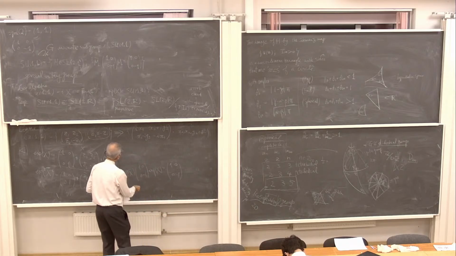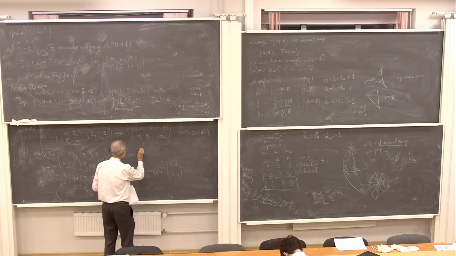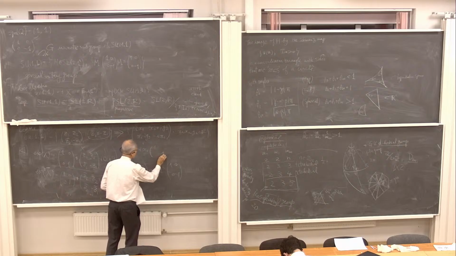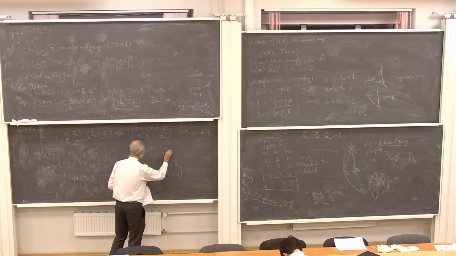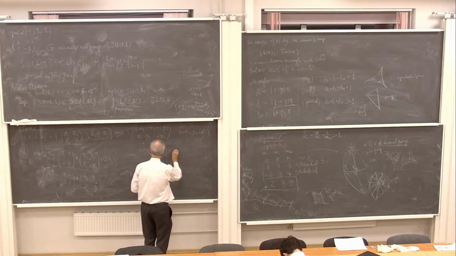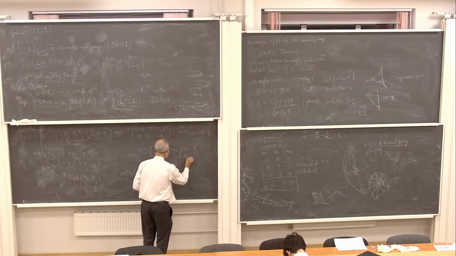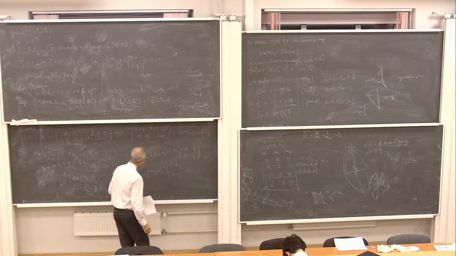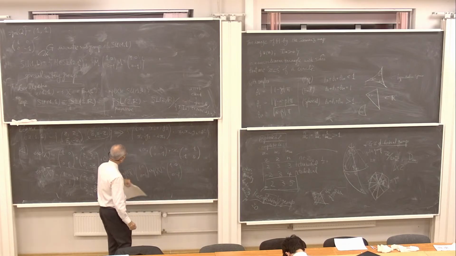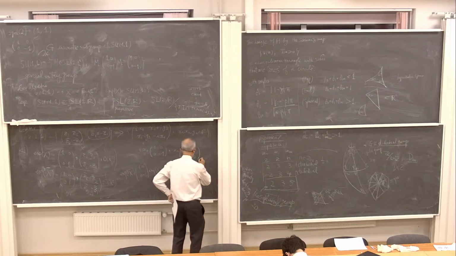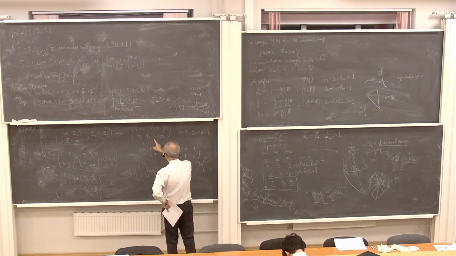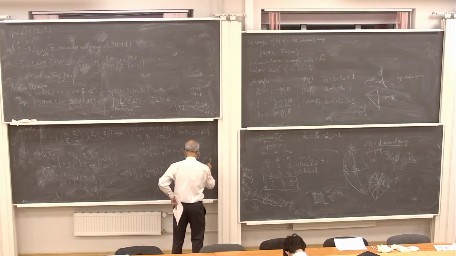So it looks like i times x1 times the matrix (1, -1), plus x2 times this diagonal part, and iy2 times (1, -1) we have.